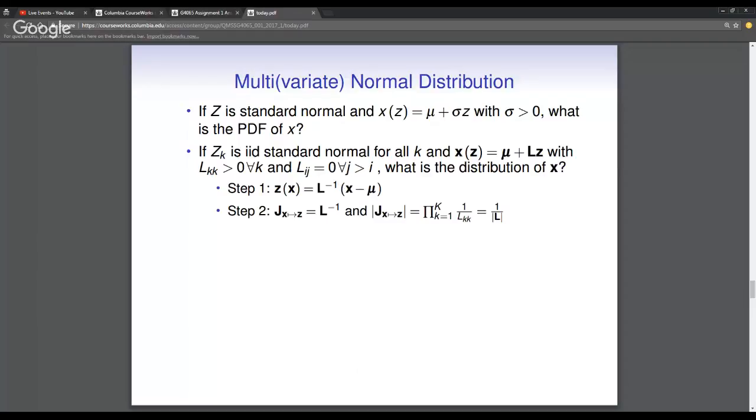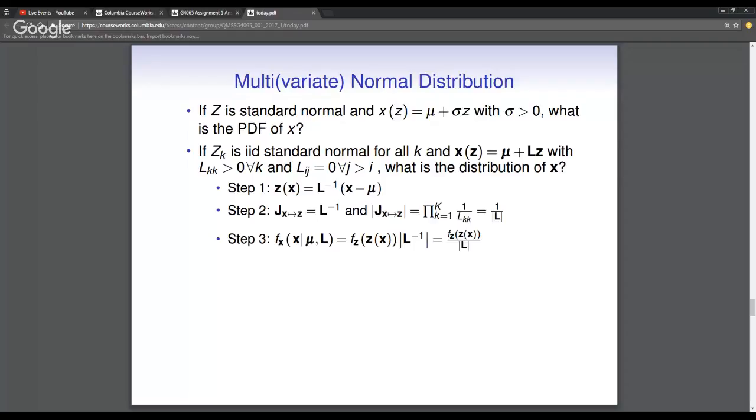So the Jacobian matrix is L inverse. And like I said, for a triangular matrix, the determinant of that Jacobian is the product of the diagonal entries. And also, the diagonal entries of L inverse are the reciprocal of the diagonal elements of L.